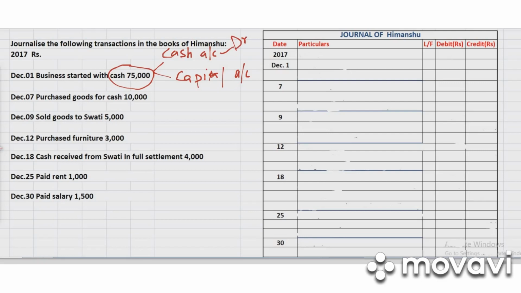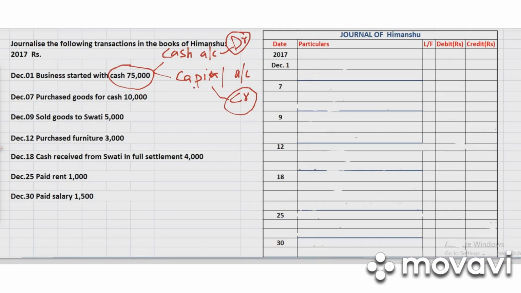It will come automatically. So cash account is debited and capital account is credited. Here the journal entry is made.